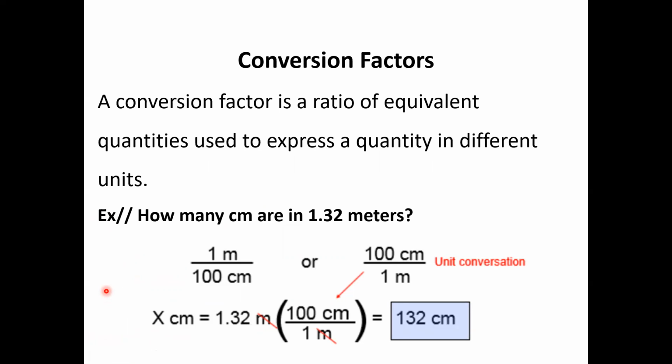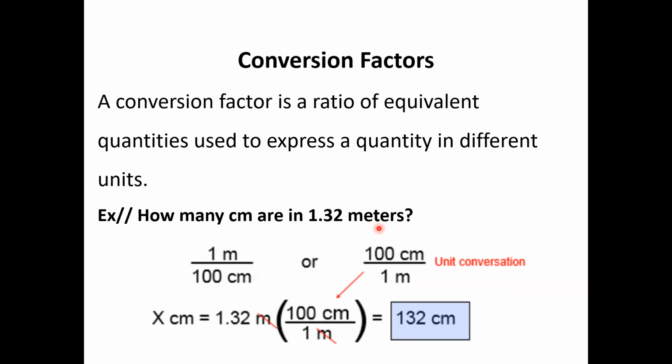Now we will take some examples of how to convert using conversion factors. A conversion factor is a ratio of equivalent quantities used to express a quantity in different units. If we need to convert meters to centimeters, how many centimeters are in 1.32 meters?